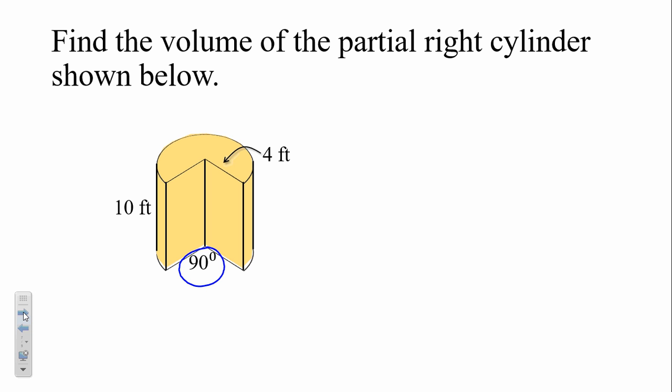So we have 3/4 of the volume. We would take 3/4 times our area of our base times our height, or our pi r squared h. So we would take 3/4 times pi times 4 squared times the height of the cylinder, which is 10. And we would have our answer.